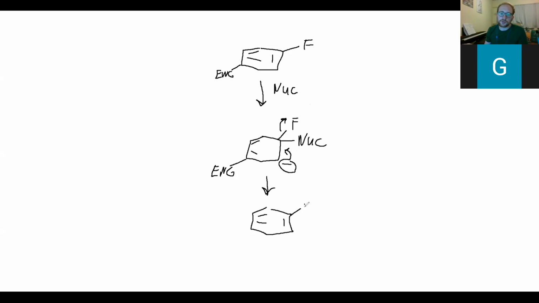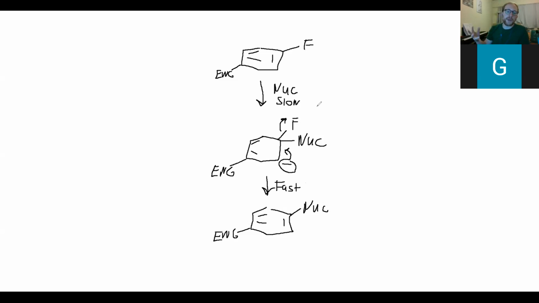What's crucial is the relative rates of these steps. It turns out that the barrier for ejecting this leaving group is really low because it's tied to forming aromaticity. And so this second step is always very fast, whereas this first step, because you're disrupting aromaticity, is very slow.